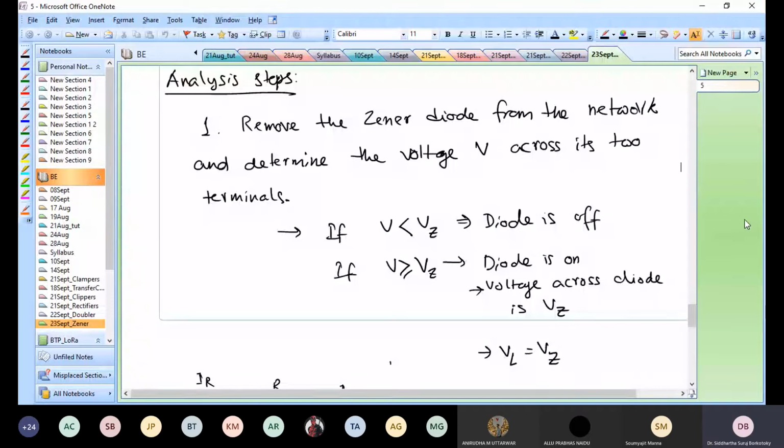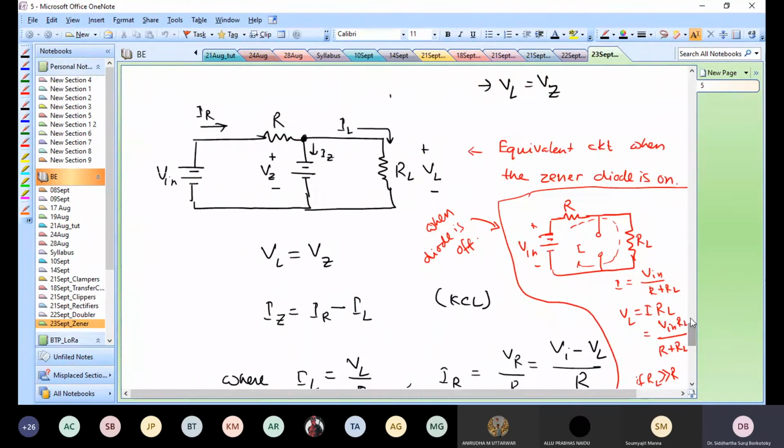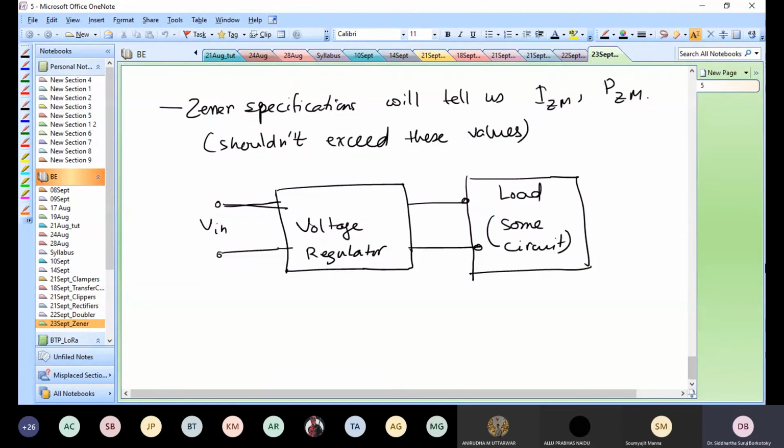If that voltage is greater than the Zener potential, then we say that the diode is on. Otherwise, we will say the diode is off. If the diode is on, then there is a constant voltage equal to the Zener potential across the 2 terminals of the diode once you plug the diode in. So that potential is what shows up across the resistor. Okay, so this is the idea behind voltage regulator.